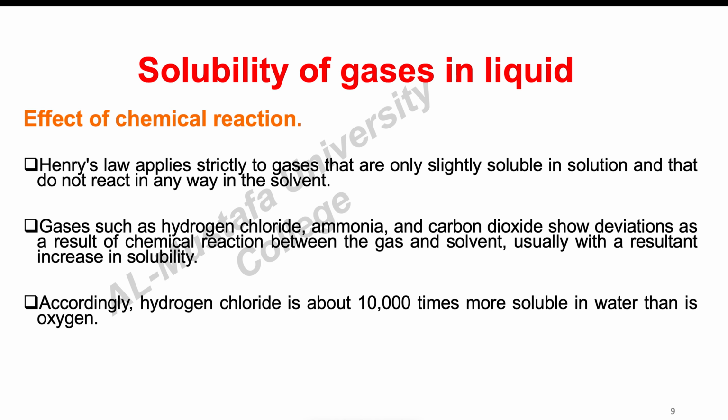The effect of chemical reaction. Henry's law applies strictly to the gases that are only slightly soluble in solution and that do not react in any way with the solvent.